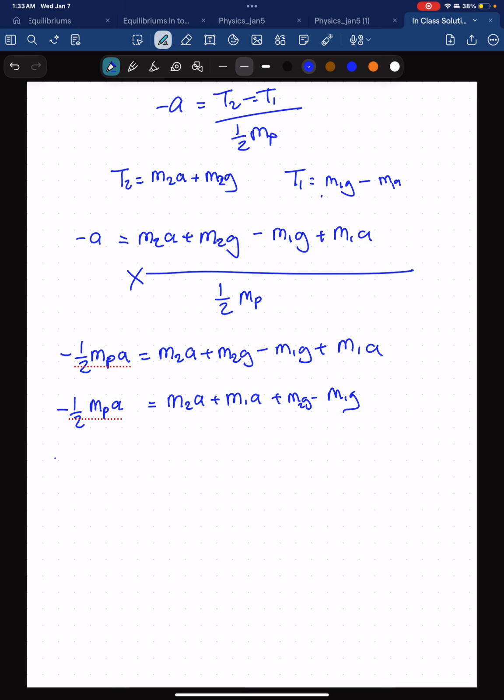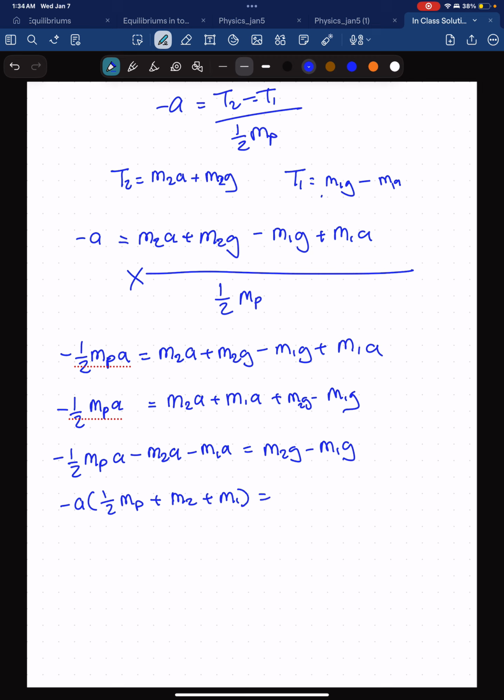I take all my like terms across. I want all my A's on one side. So MPA minus M2A minus M1A is going to be equal to M2G minus M1G. And then from there, I'm in business. I can factor out an A, minus A, and then it's going to be 1/2 MP plus M2 plus M1.